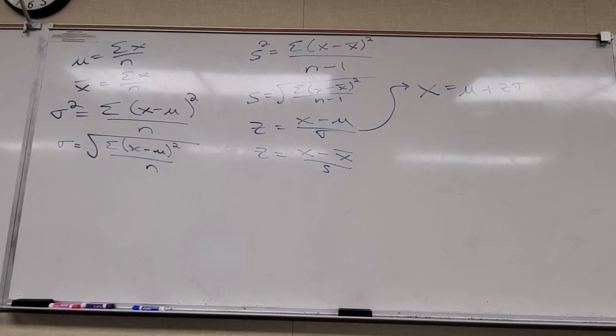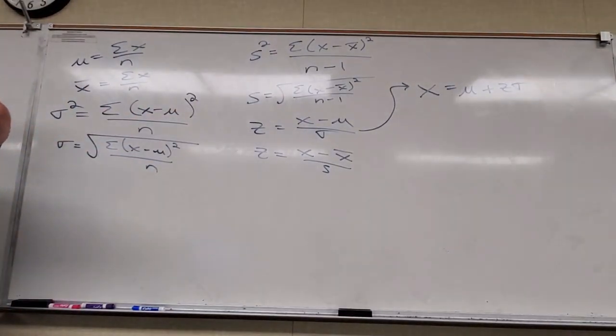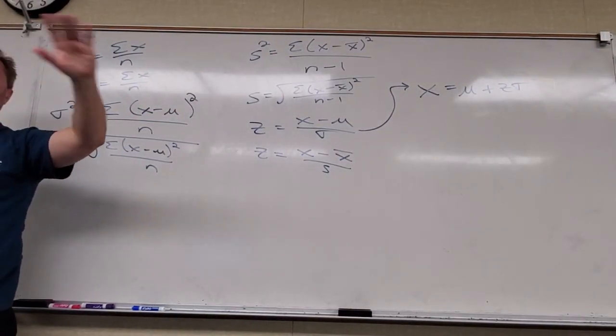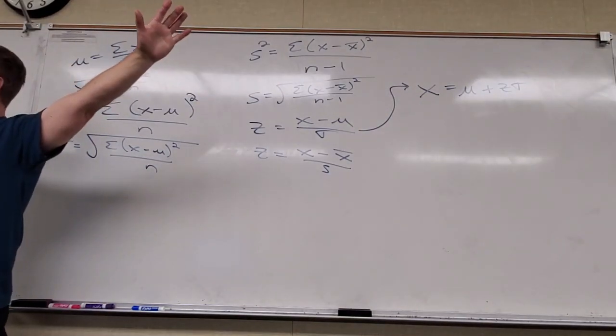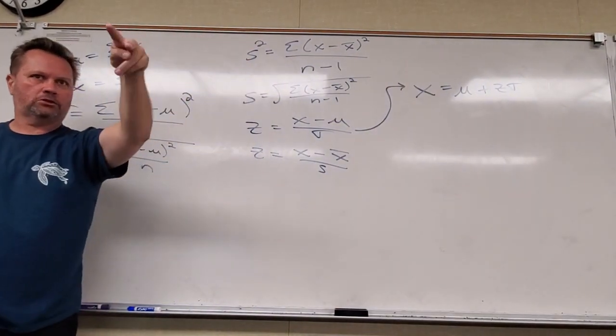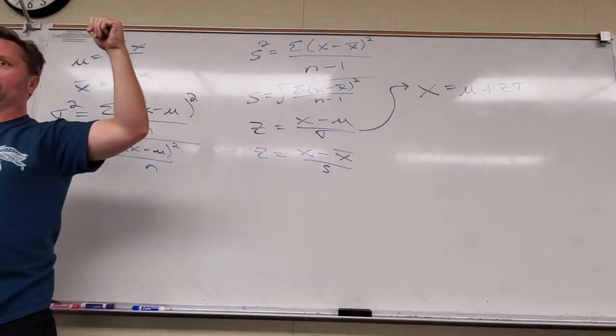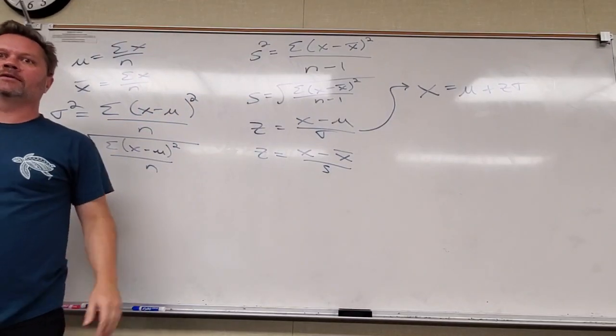You guys kind of follow? If I take the standard deviation of groups and then average them, it is not equal to the overall standard deviation. If I take the variance of each group and then average those, it does equal the variance of the whole population.